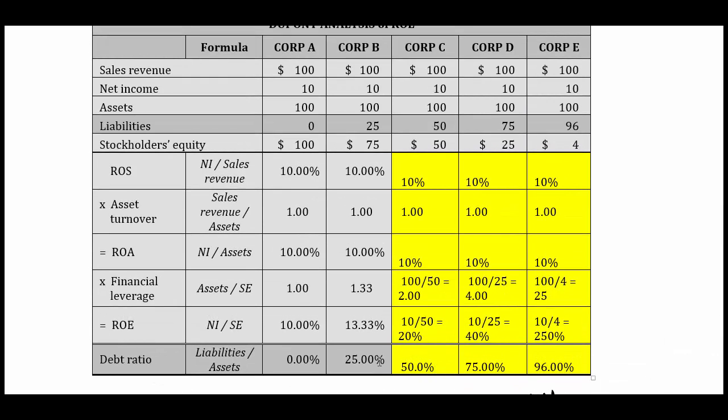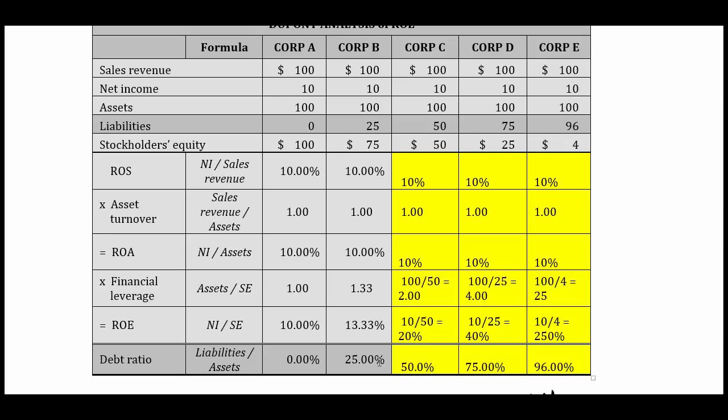Does this look strange to you? Well, wait a second. All 5 companies have the same amount of sales, and all 5 companies have the same amount of net income, right? And yet, Corporation A has a 10% return on equity, B is 13%, that's nice, right?